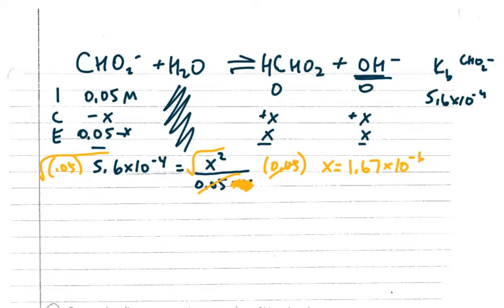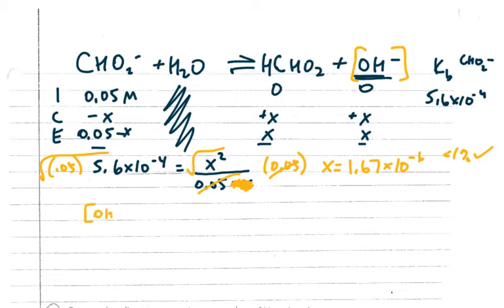I think I did that wrong. 1.67 times 10 to the negative 6 divided by 0.05, times 100, is still less than 1%. So it's less than 1% of the initial concentration, and this checks out. So this is X, X being our concentration of hydroxide.